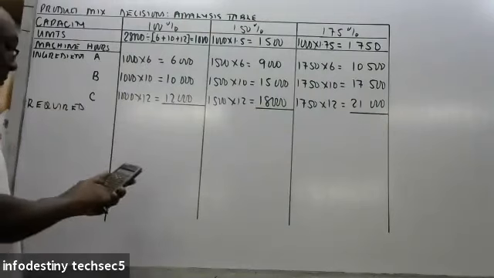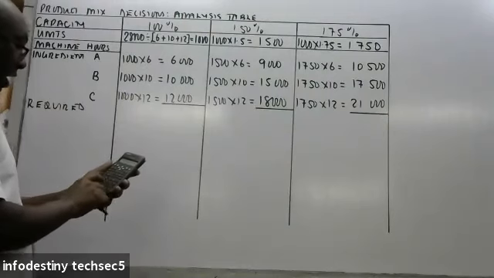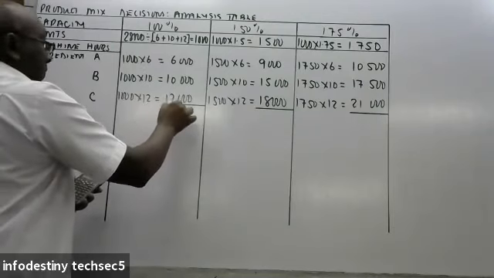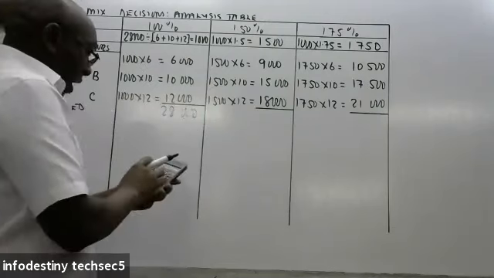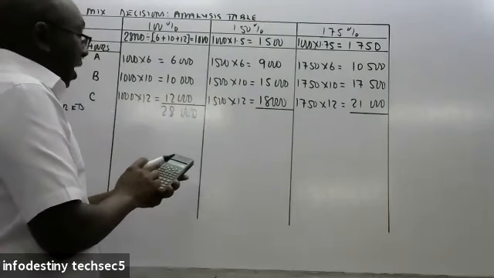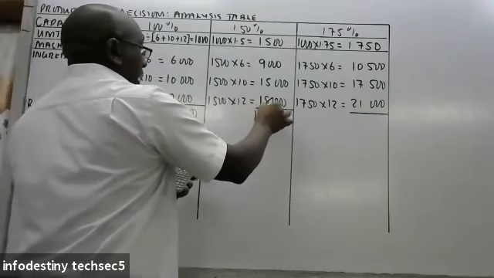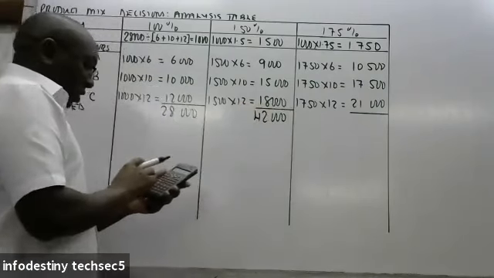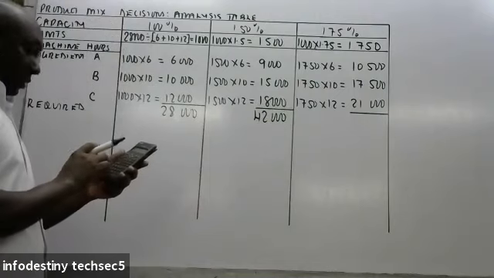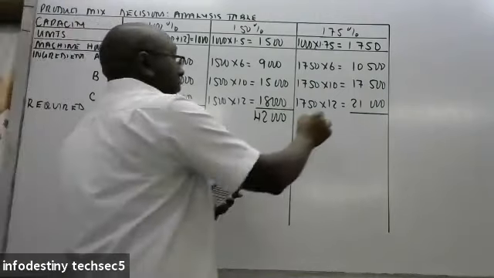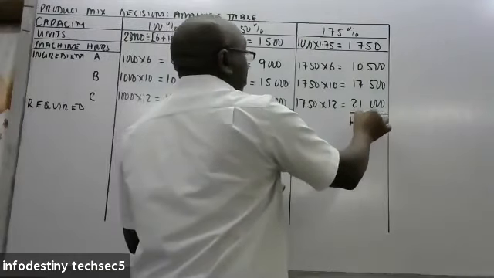So if we come from there, you say 6 plus 10 plus 12 is 28,000. 9 plus 15 plus 18 is 42,000. 10.5 plus 17.5 plus 21 is 49,000.